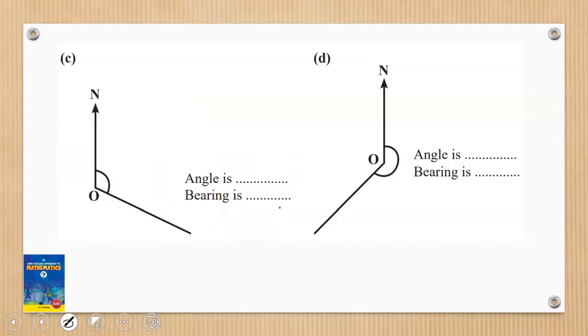Then finally, let's do it for this one. Now take note that this one, the angle is reflex, and we can't use a protractor to measure a reflex angle. I mean the one that we have in your mathematical set. Even though we can have a circular protractor which can be used to measure reflex, the one in your mathematical set cannot be used. So what we do is that we rather measure the obtuse angle here, then we subtract the value from 360.